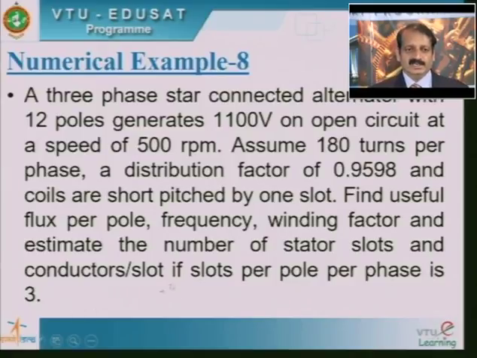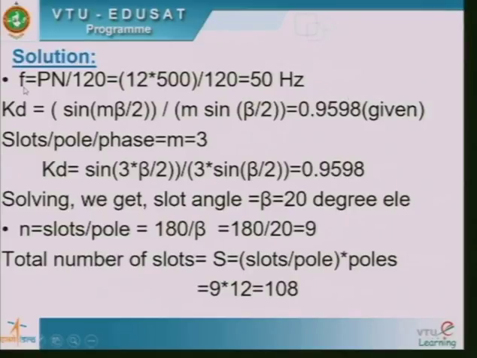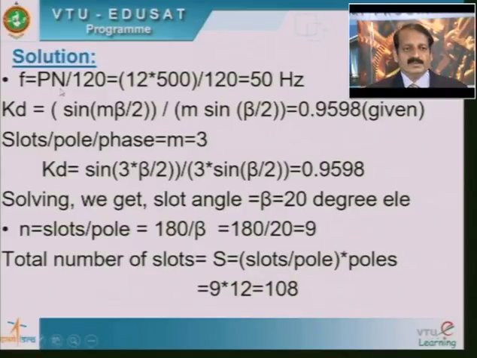So, here m is given and we have been asked to calculate all these things, that is the number of stator slots, winding factor, frequency and useful flux per pole. So, let us start with calculating frequency. P N by 120, P is the number of poles which is 12, N is 500, divided by 120. So, we will get 50 hertz.